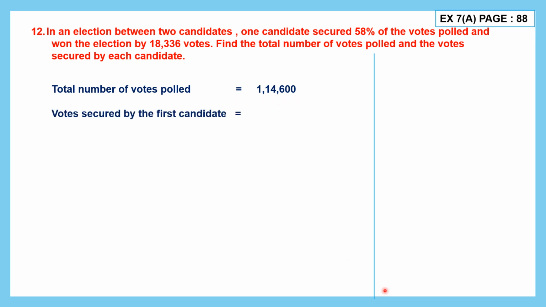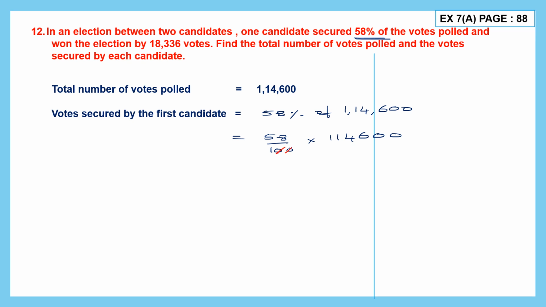Now votes secured by the first candidate is 58% of the votes, isn't it? That is 58% of 1,14,600. So this will be 58 by 100 into 1,14,600.